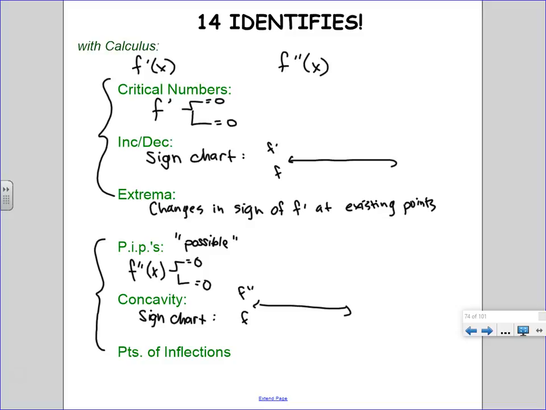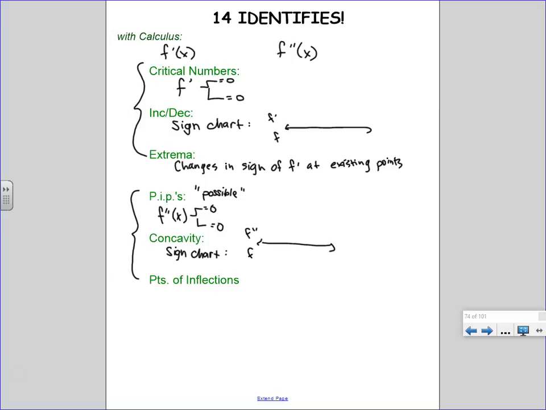And then points of inflection occur when? There's a change in sign of F double prime. Make that clear. At an existing point, because if it's a discontinuity, remember it's illegal. So put them in the sign chart, but I can't say it's a point of inflection, not even a point.